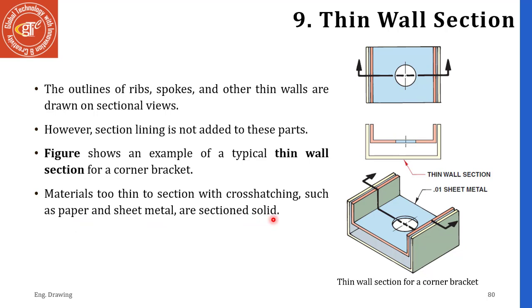So thin wall section view is particularly used for paper and sheet metal parts. Here you can see the section view of the part. Here is the isometric view, here is the front view and here is the top view. As the thickness of the wall is too thin, we didn't add section lines.